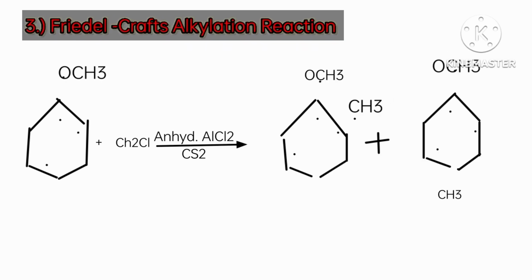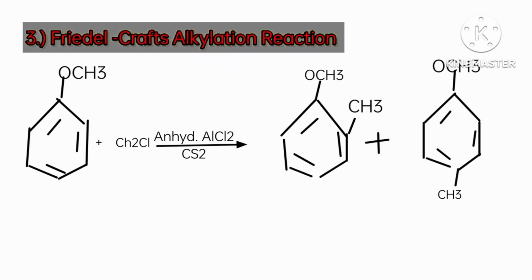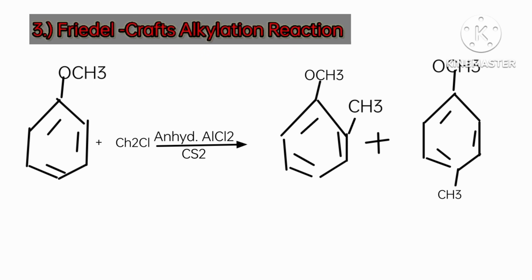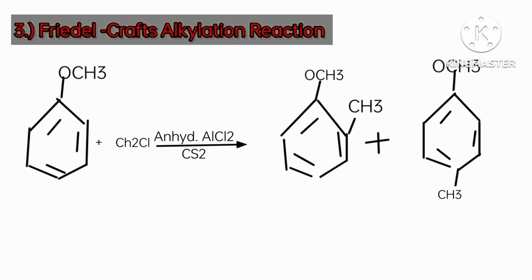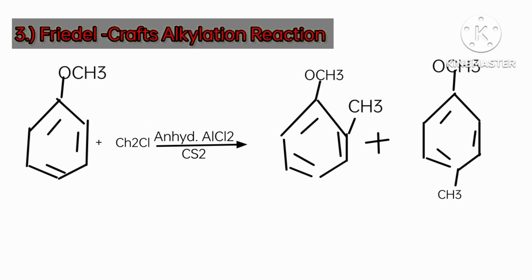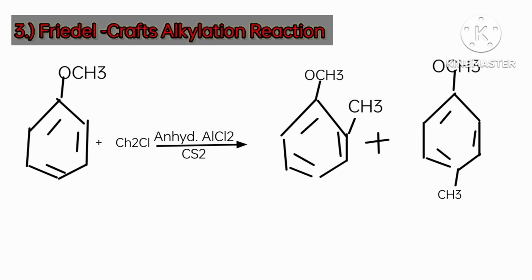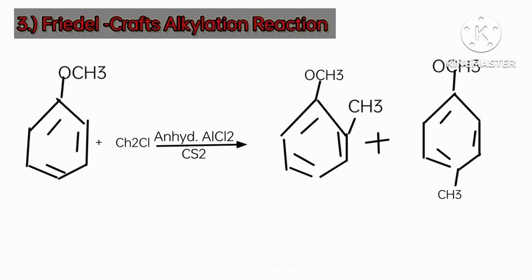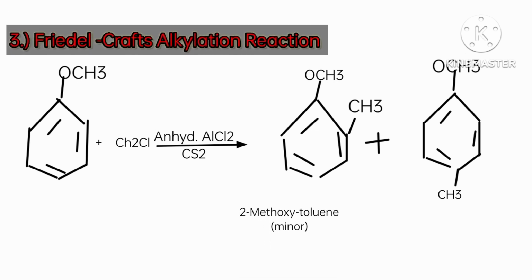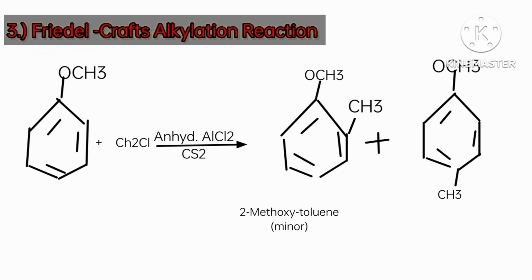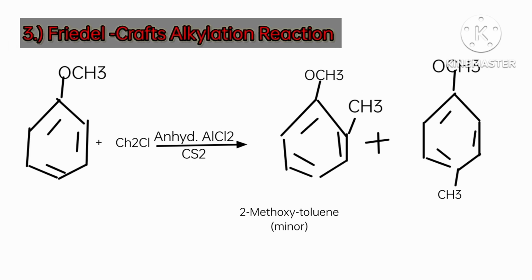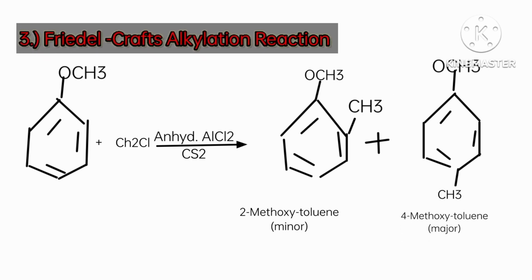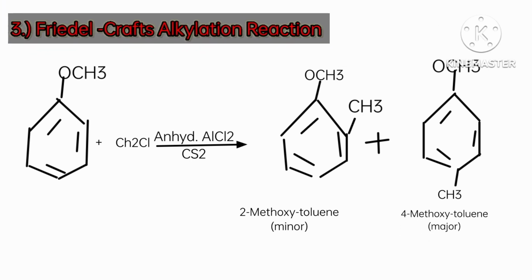We have here an example of alkylation: anisole plus CH3Cl in the presence of anhydrous AlCl3 and CS2. Our ortho is 2-methoxytoluene minor product and our para is 4-methoxytoluene major product.